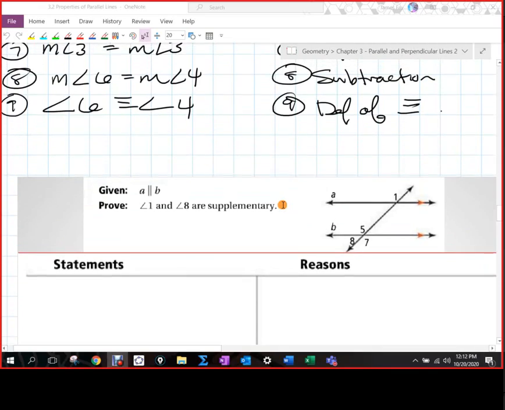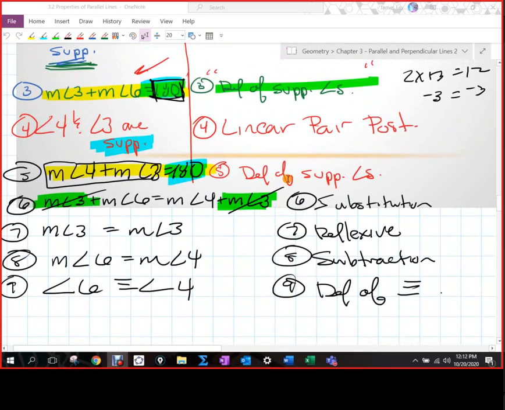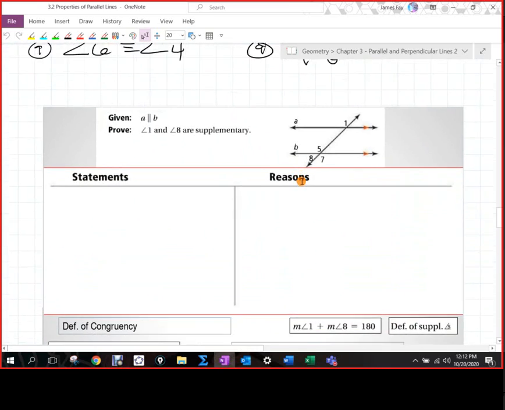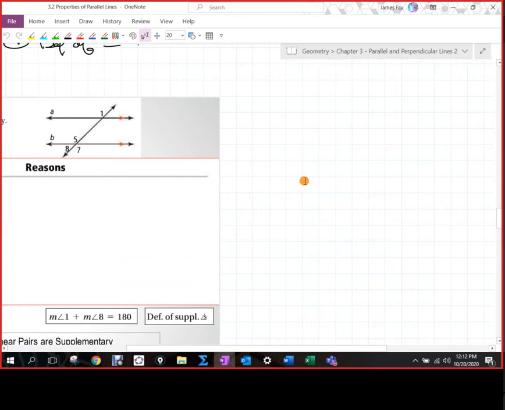All right, so yesterday we were talking about how, if we've got parallel lines, then we have three types of angles that have a congruency relationship. So these angles are corresponding. We have our alternate interior, and we have our alternate exterior.